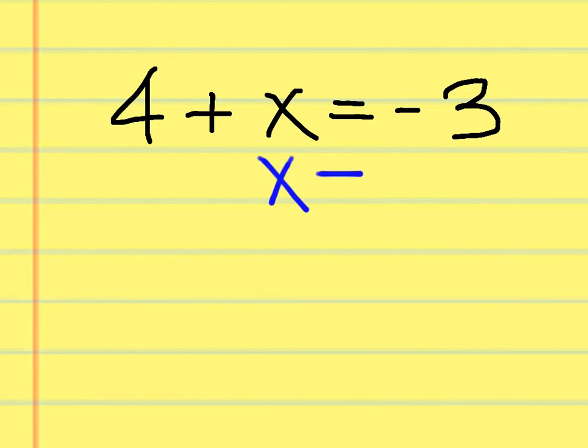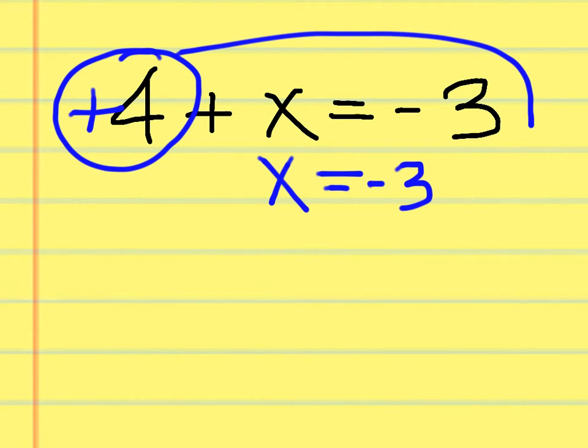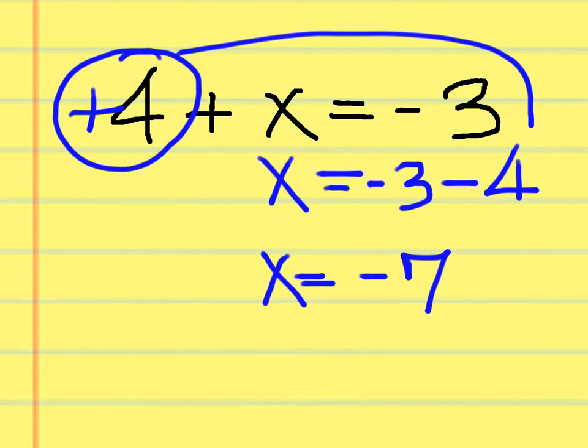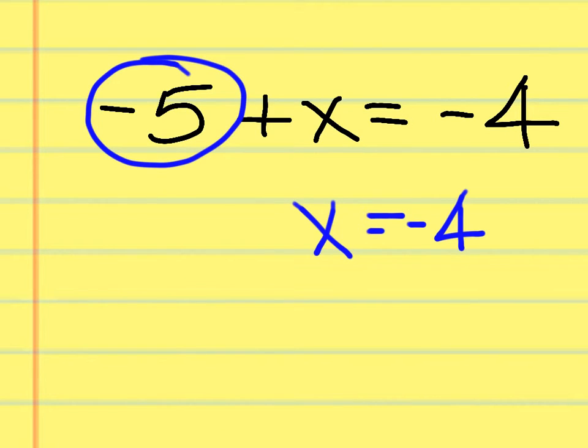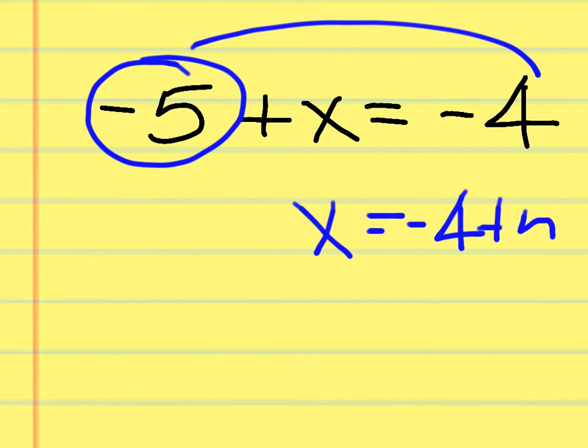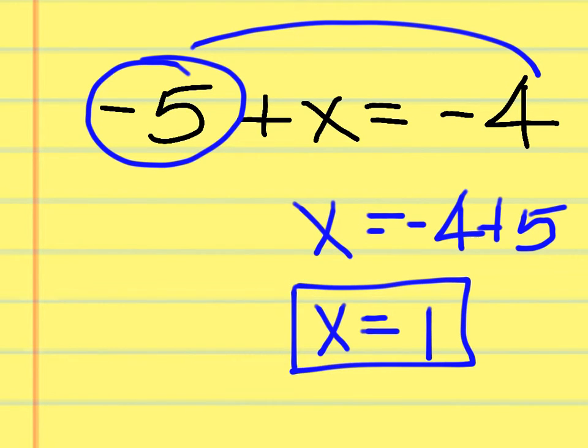Keep the x on the left and move the plus 4 to the right side, make it minus 4. That is a negative 7. Keep your x on the left and move this minus 5 to this side, make it plus 5, and come up with a positive 1.